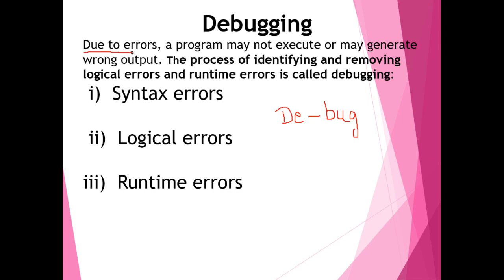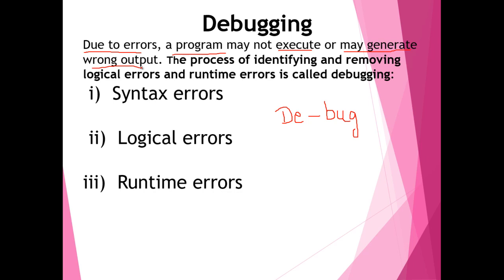Due to an error, a program may not execute or may generate wrong output. Obviously, if there is a mistake in our program, then either our program will not run successfully, or if it does run, it gives us a wrong output, right?